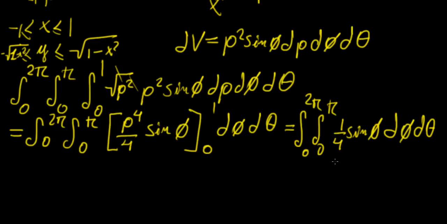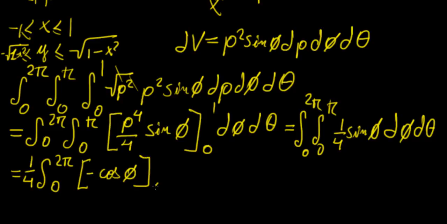So I can move that 1 over 4 to the outside. Now we want to integrate sine phi with respect to phi, so that's going to be minus cosine of phi, integrated from 0 to pi, and then d theta.